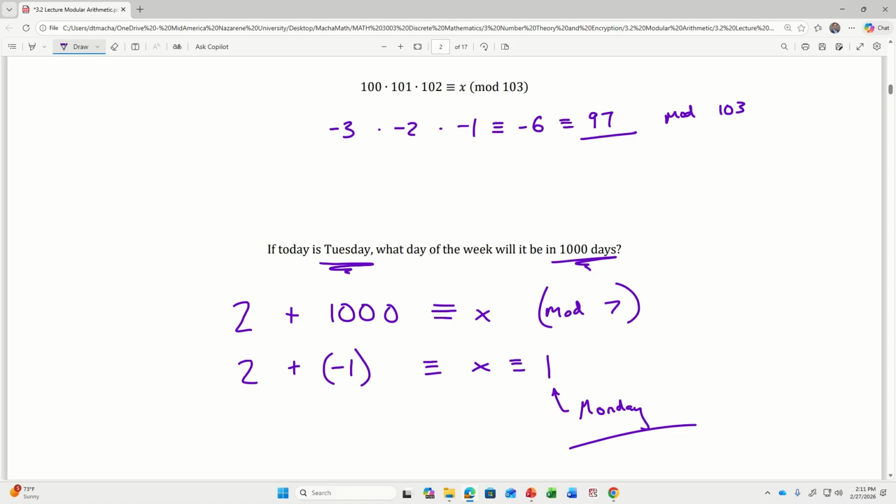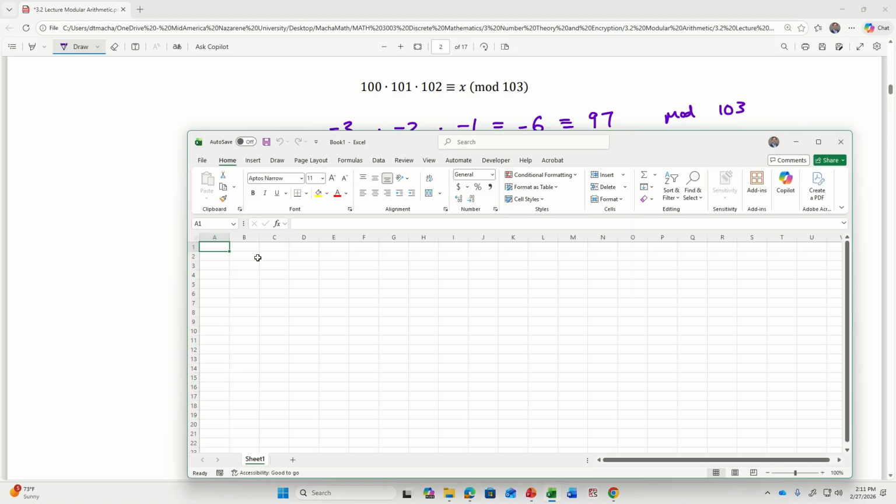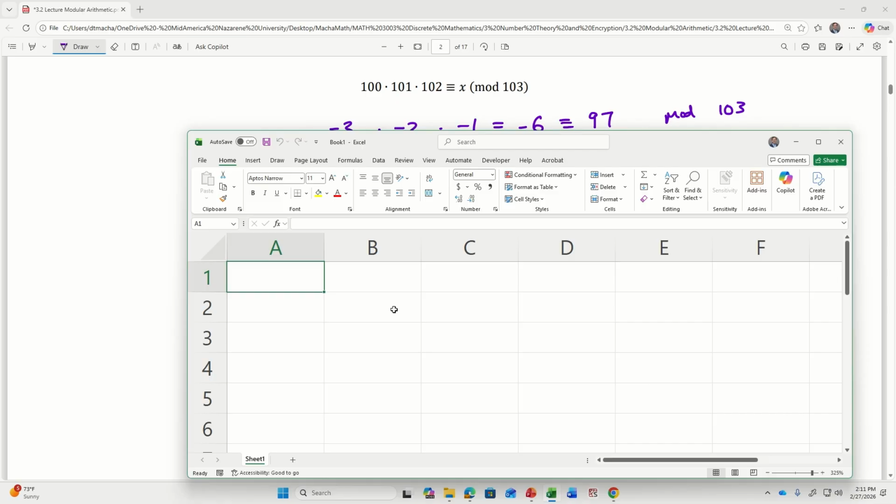And just to check, you could use a calculator to check your work. Let's see what the calculator has to say. We would say, I want 100 times 101 times 102, which is a big number. And then we want to take that and divide it by 103.